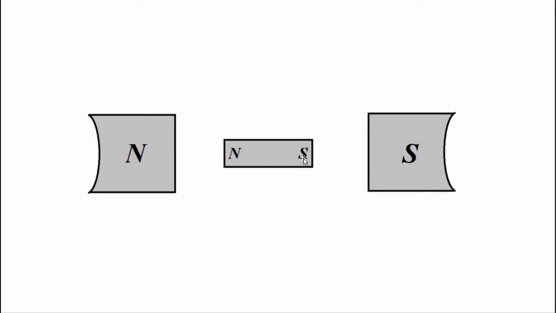So that's why this end repels this north pole and this south pole repels this south pole. So it always gets repelled because of the external magnetic field. This is what diamagnetic behavior is.